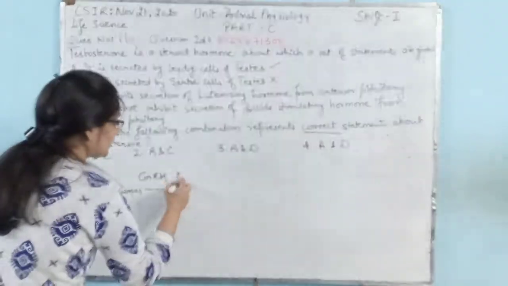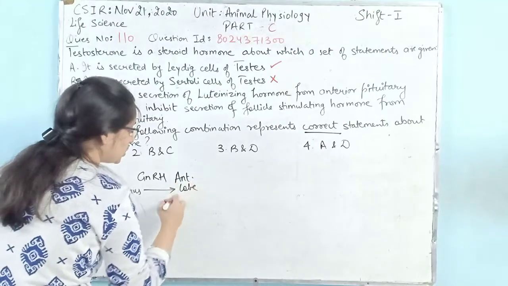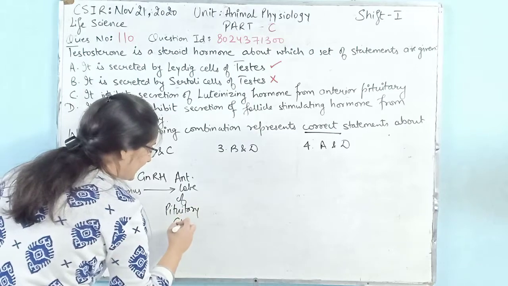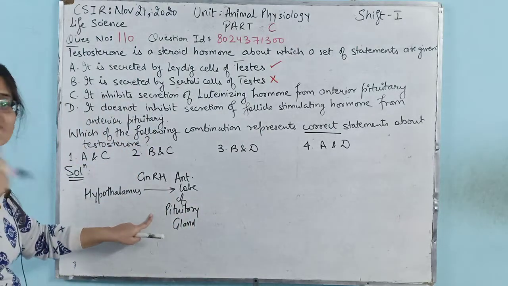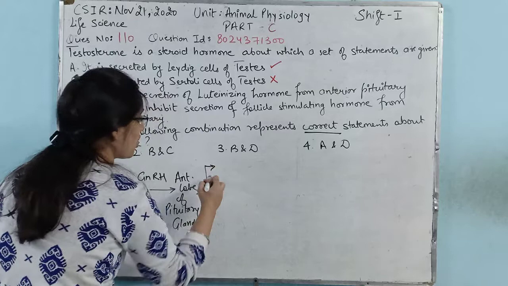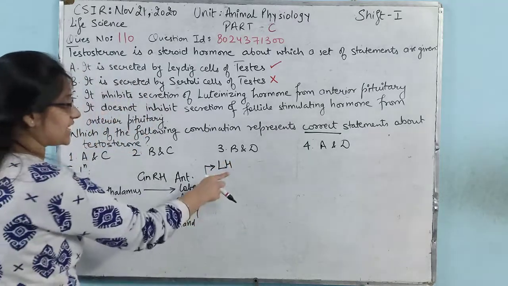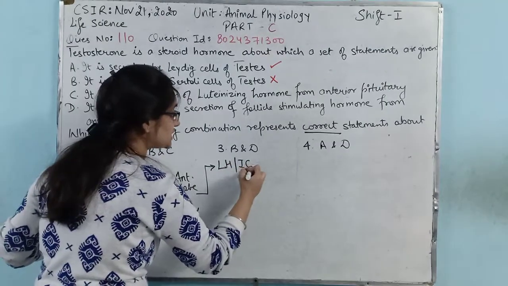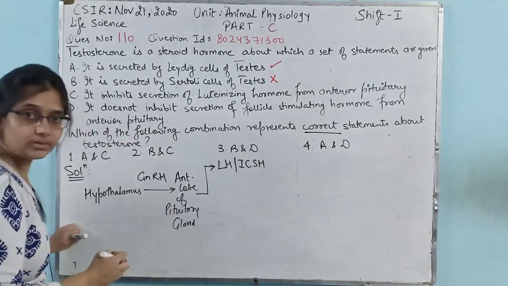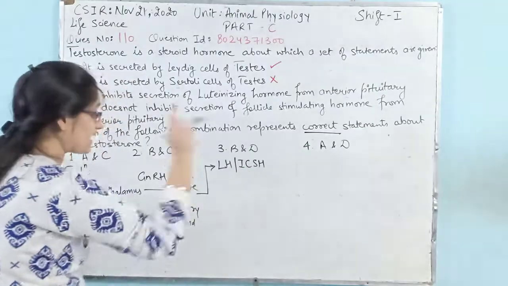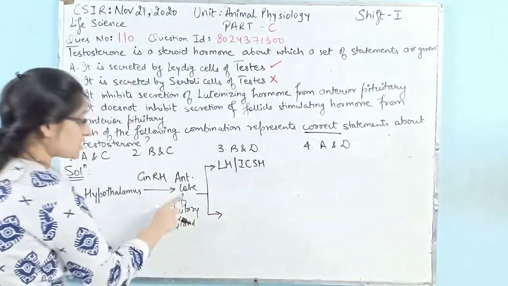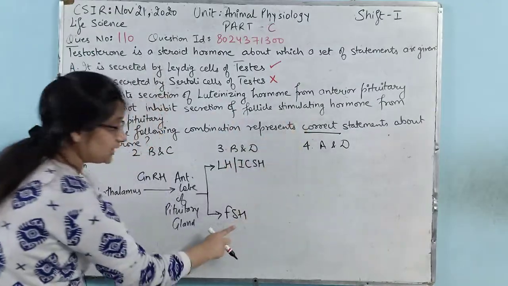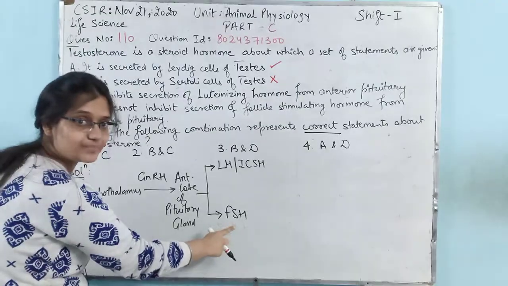This acts on anterior lobe of pituitary gland, and from this it stimulates the release of luteinizing hormone, which I am writing as LH, which is also known as interstitial cell stimulating hormone, right, in case of males, and it also causes release of another hormone, follicle stimulating hormone, which I am writing as FSH.